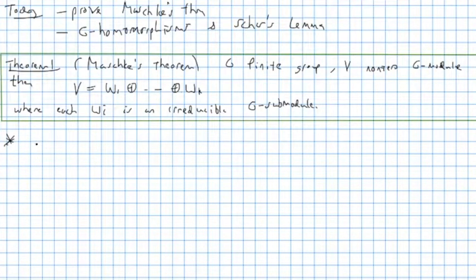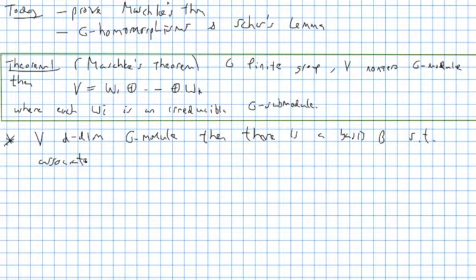If V is a d-dimensional representation, a G module, then there is a basis such that the associated matrix X(g) has a diagonal block form.